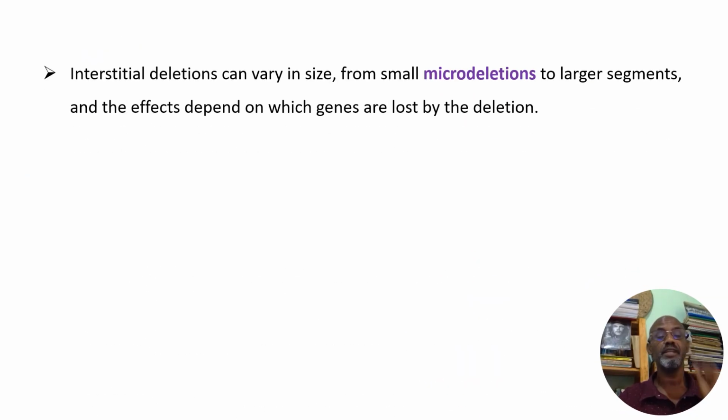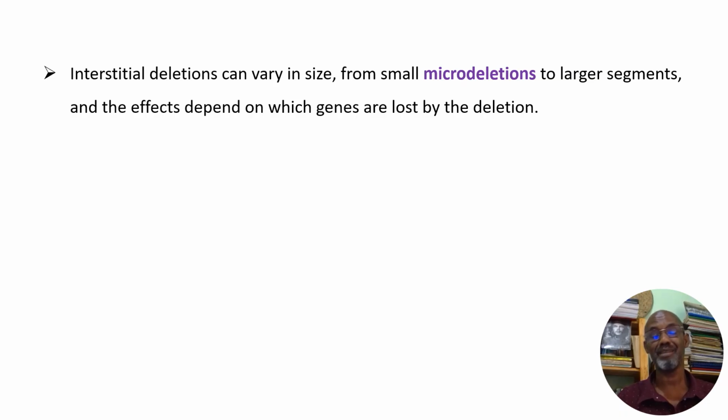Again, interstitial deletions can vary in size from small microdeletions to larger segments, and the effects depend on which genes are lost by the deletion. The larger the size lost, the larger the number of genes lost. That means the larger its effect is.